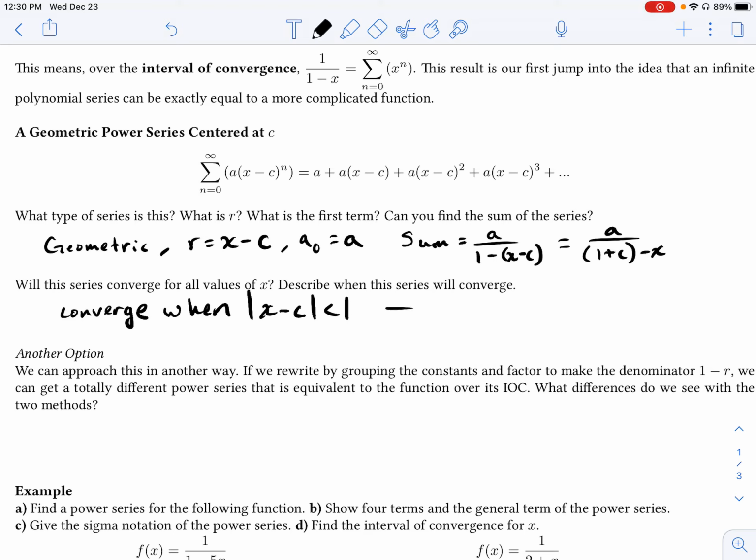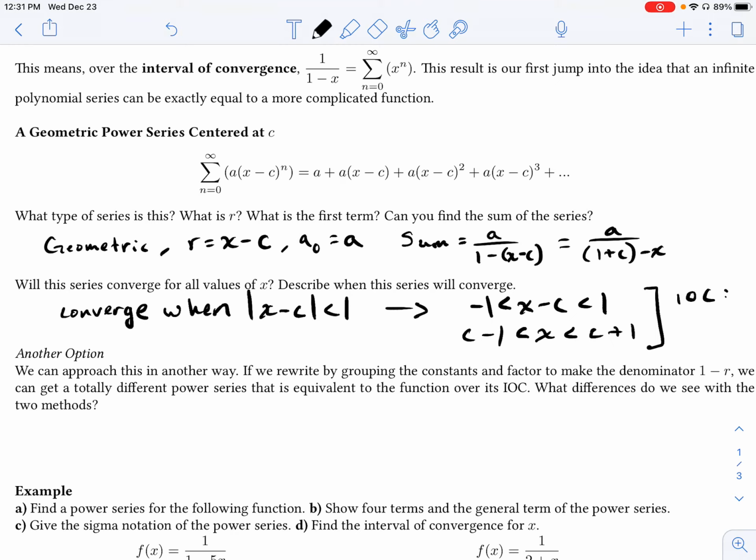Another way of expressing this is as our interval of convergence, written as a compound inequality: when x minus c is less than 1 and greater than negative 1. And if I use inverse operations to isolate x, we could say when x is less than c plus 1 and greater than c minus 1, which is our interval of convergence here.